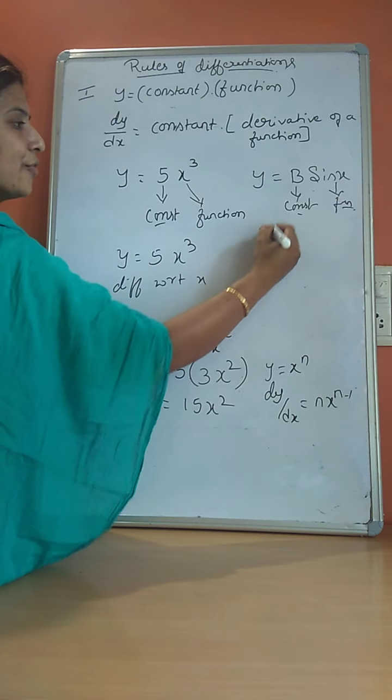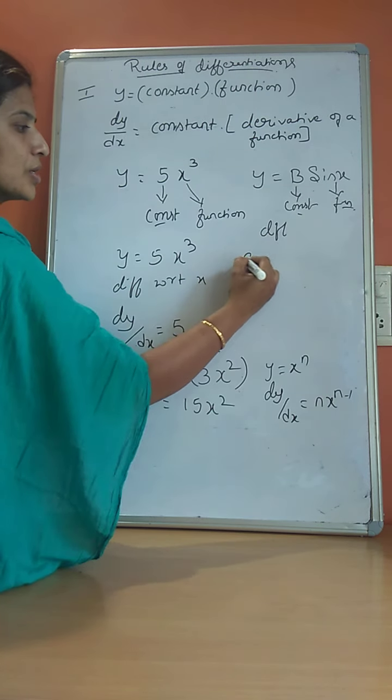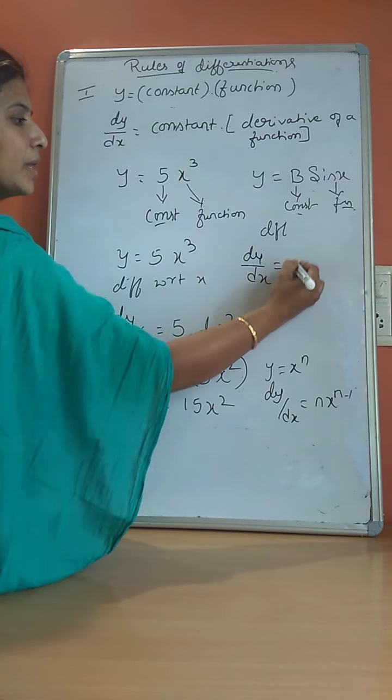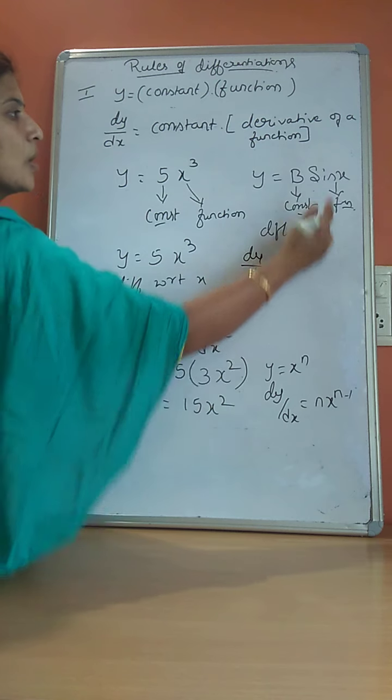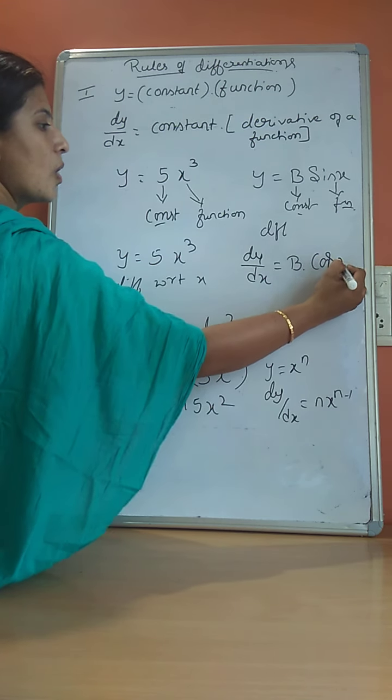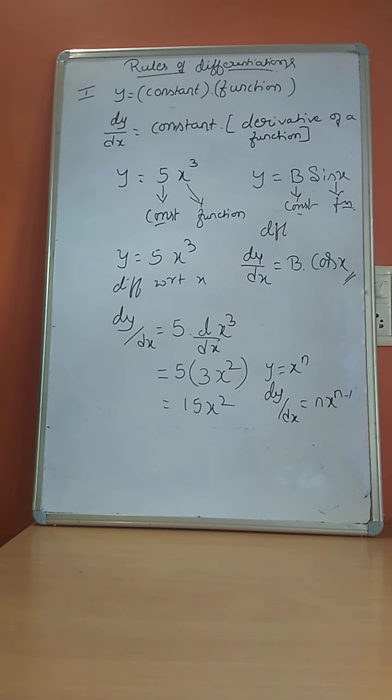Go for differentiation. We get dy by dx is equal to, keep the constant as it is. What is the differentiation of sin x? It is cos x. Okay, do you understand? Observe carefully.